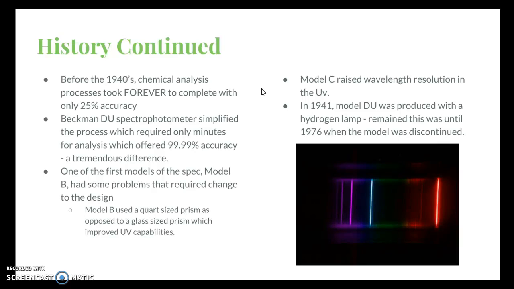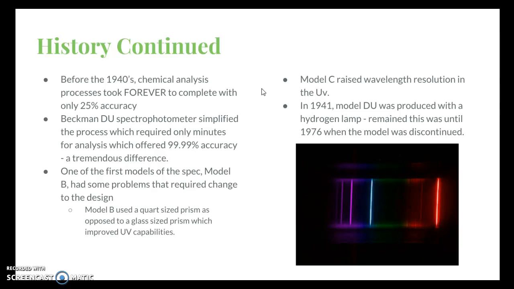One of his first models of the spec, which is short for spectrophotometer, was the Model B. It had some problems that required a change to the design, where a quartz prism was being used versus a glass prism, so they had to figure out which one to use to produce better clarity. Then the Model C raised wavelength resolution in the ultraviolet range.